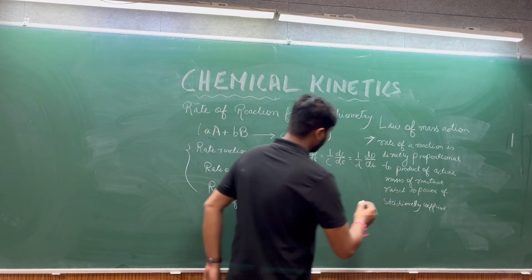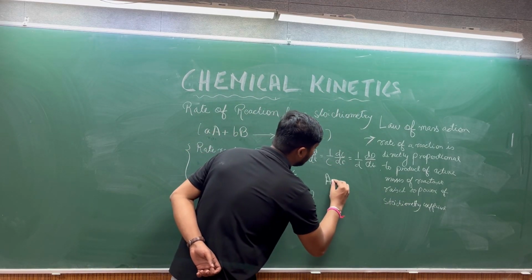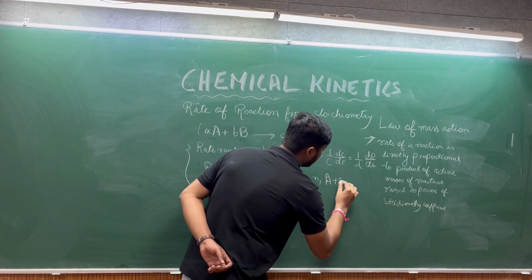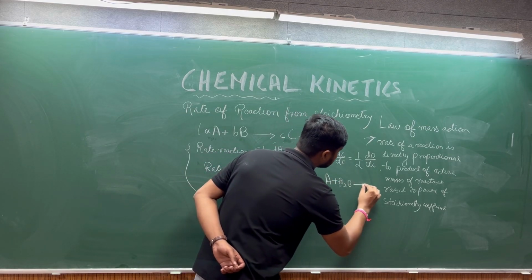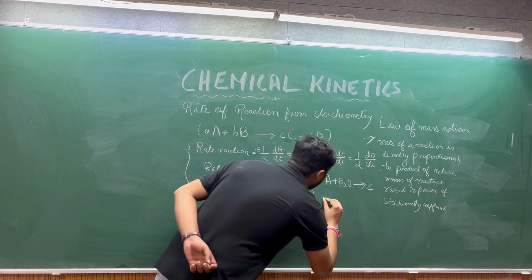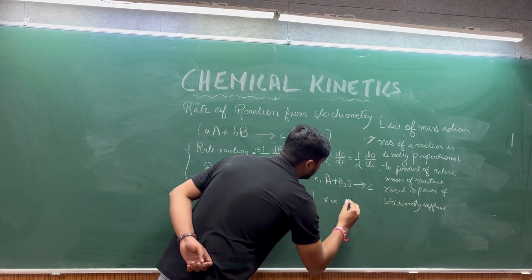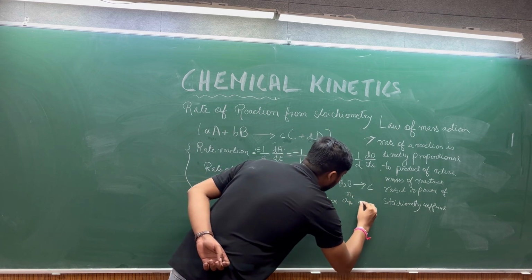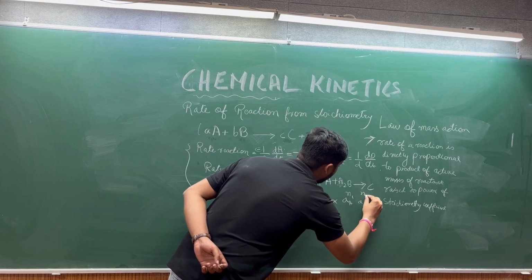For example, we have a reaction A plus B. Suppose n1 moles of A and n2 moles of B react to give C. So as per the law of mass action, R will be proportional to the active mass of A raised to the power n1, times the active mass of B raised to the power n2.